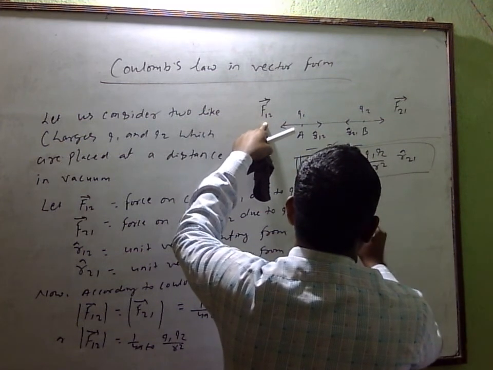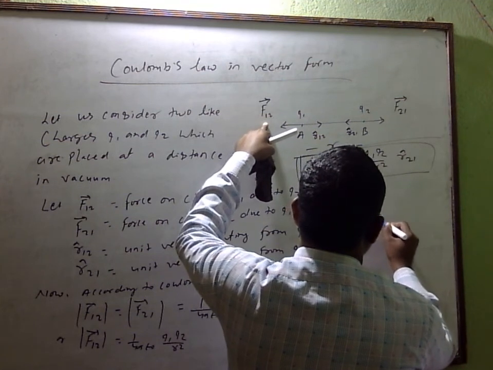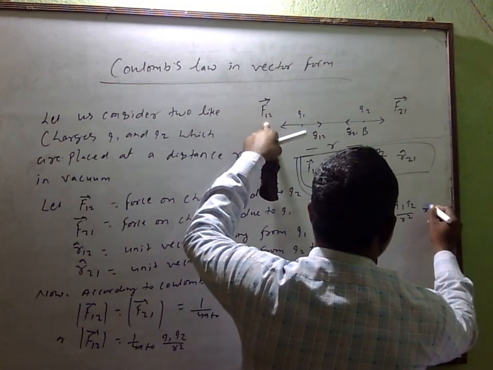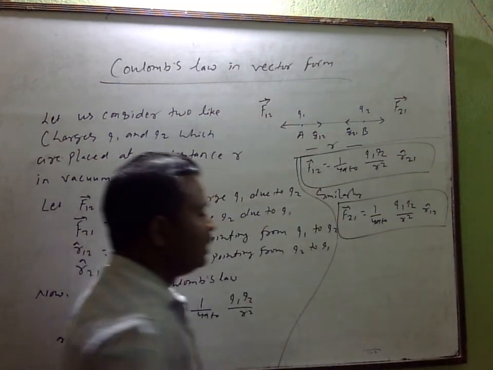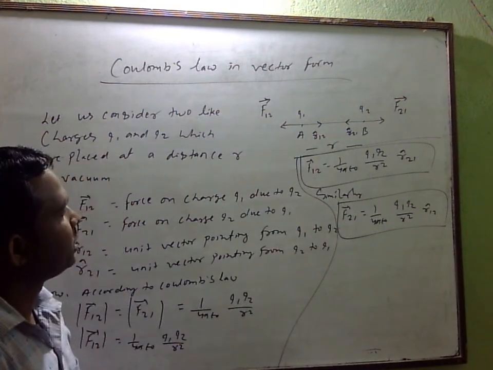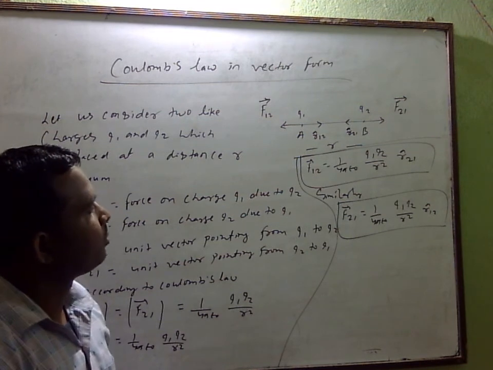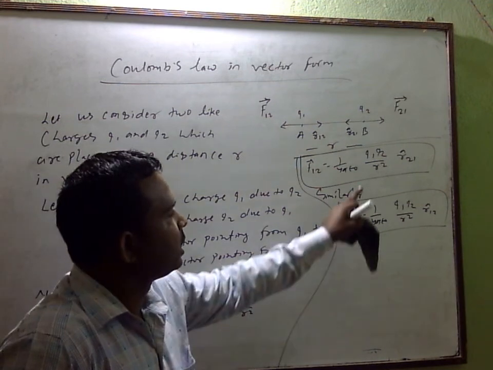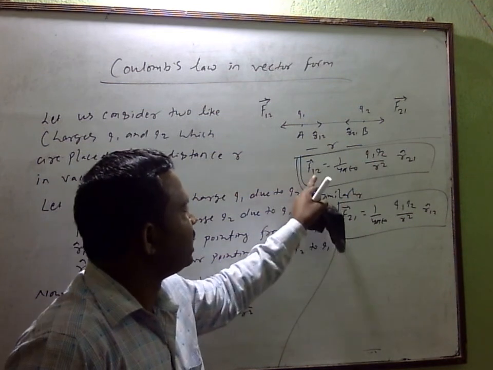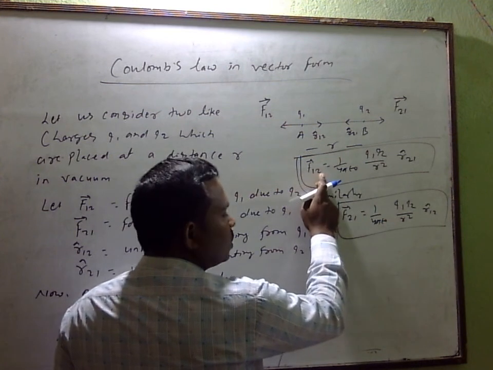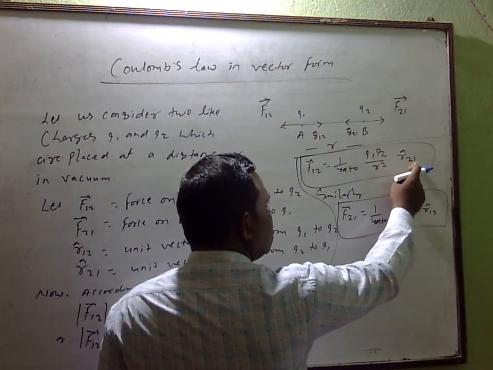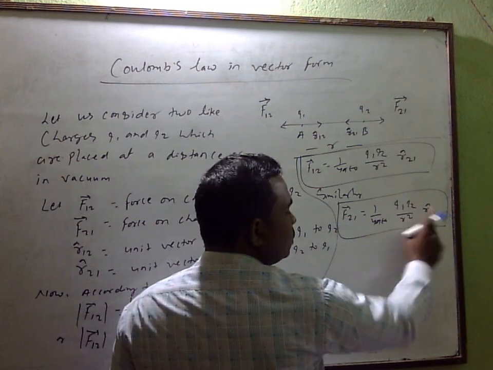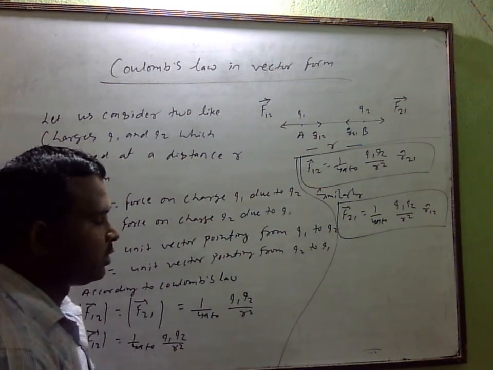Similarly, we can write F21 equal to 1 by 4 pi epsilon naught Q1 Q2 by R square, and here will be cap of R12. So these are the two formulas: vector F12 equals 1 by 4 pi epsilon naught Q1 Q2 by R square into the unit vector, that is the cap of R21, and if you find the 2 1, then here will be 1 2, you can change their numbers. So this is the formula that we can write.